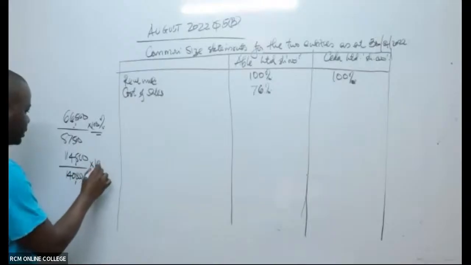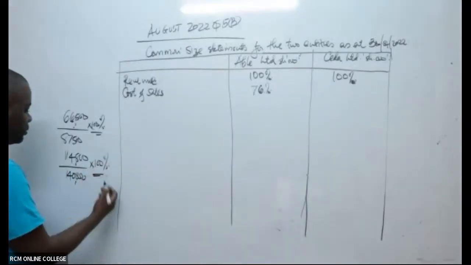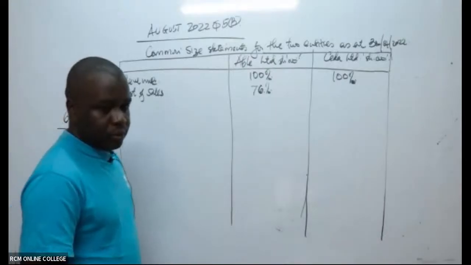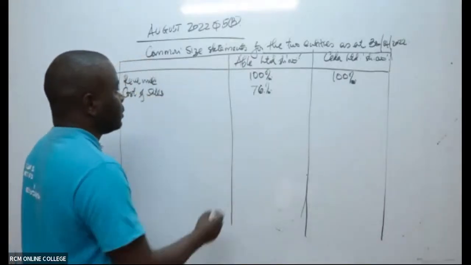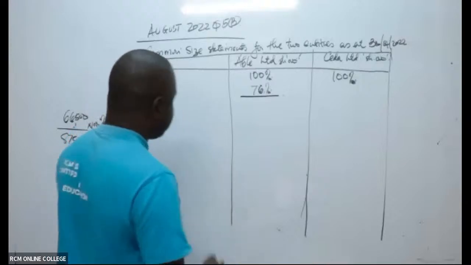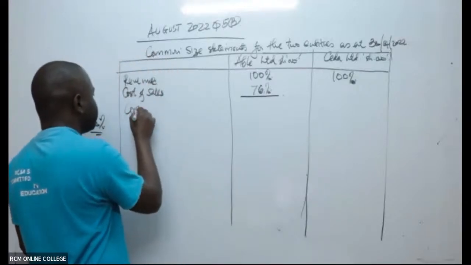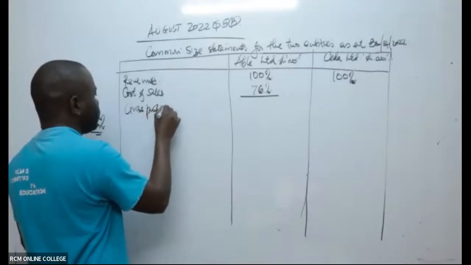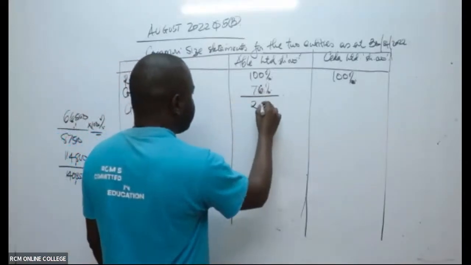Then you multiply by 100%. So what are you getting? This will obviously give us the gross profit. If you get the difference here, it is 24%.